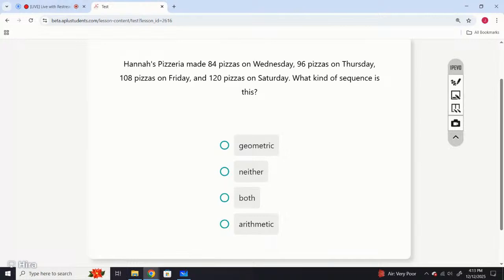Hannah's Pizza made 84 pizzas on Wednesday, 96 pizzas on Thursday, 108 pizzas on Friday, and 120 pizzas on Saturday. What kind of sequence is this?